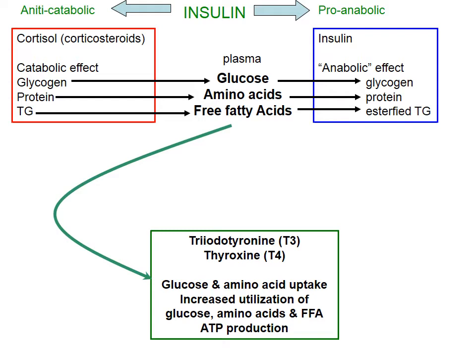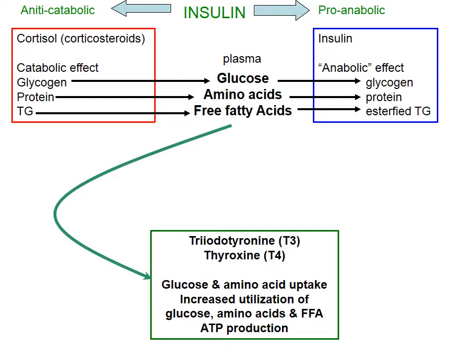That would be catabolic effect, breaking down, catalysis. Well, anabolic effect would be taking that glucose molecule and storing it, making polymer out of it, storing it as glycogen, or taking the amino acids and stringing them together as a protein, or taking those free fatty acids and esterifying them to glycerol to make triglycerides.